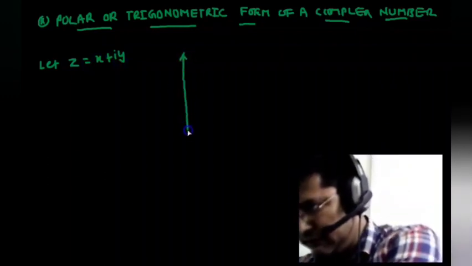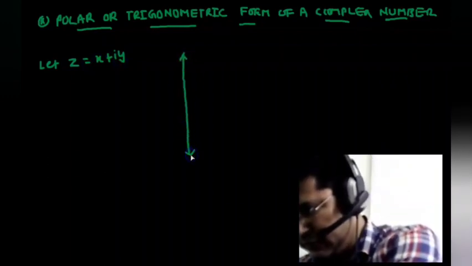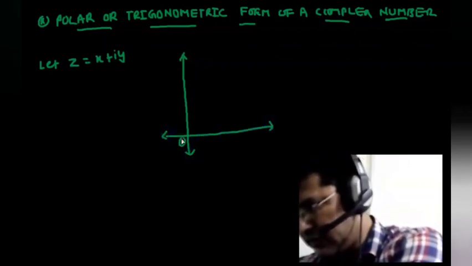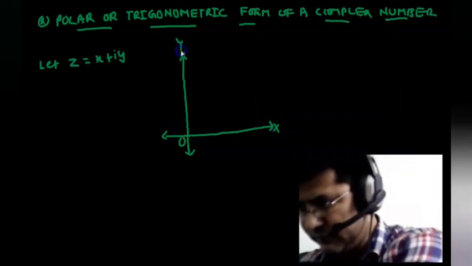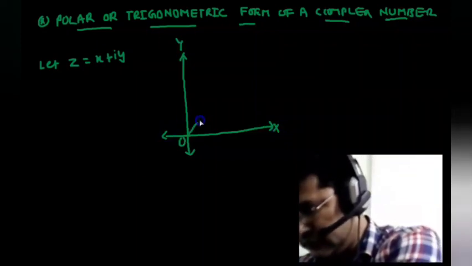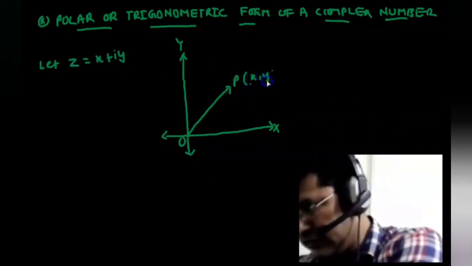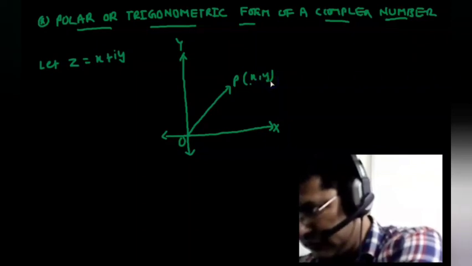Now in the earlier video we have seen the geometrical representation of the complex number on the Argand plane. We know that this can be represented by a point P whose coordinates are x, y.